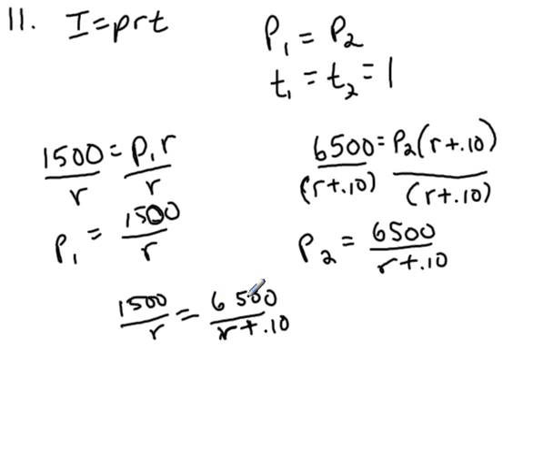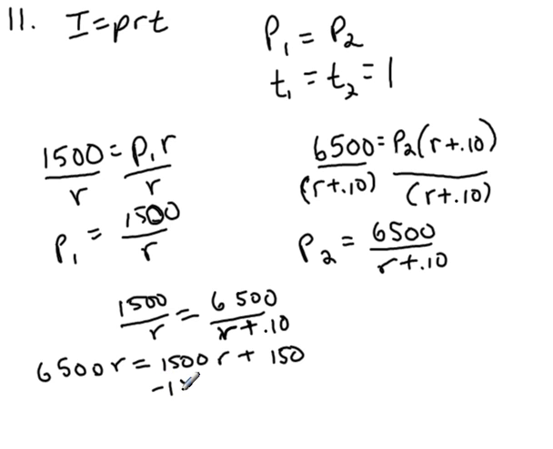Now, this is a proportion problem which I can solve by cross multiplying. I get 6,500R is equal to 1,500R plus 150. I distributed 1,500 times R plus 0.10. So now I need to get my R's together.